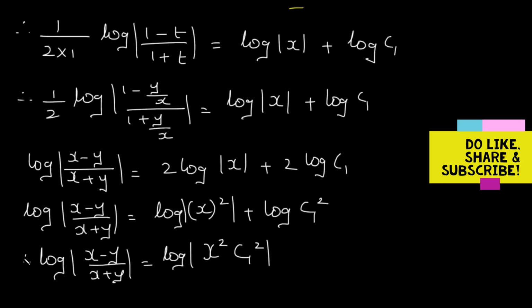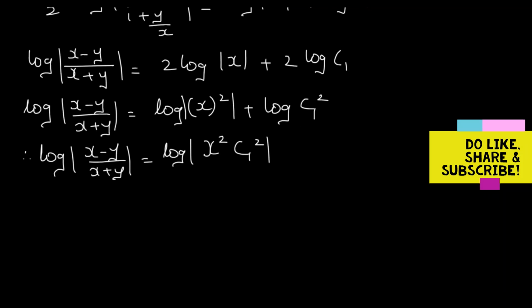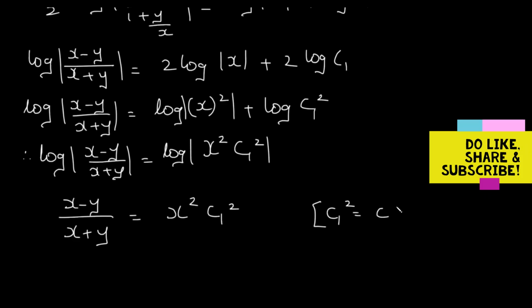Now both the logs can be removed, and therefore we get x minus y upon x plus y is equal to x square c1 square. And as usual we write c1 square is equal to c, another constant, and therefore we get the final answer as x minus y upon x plus y is equal to x square c. So this becomes our final answer, that is it.